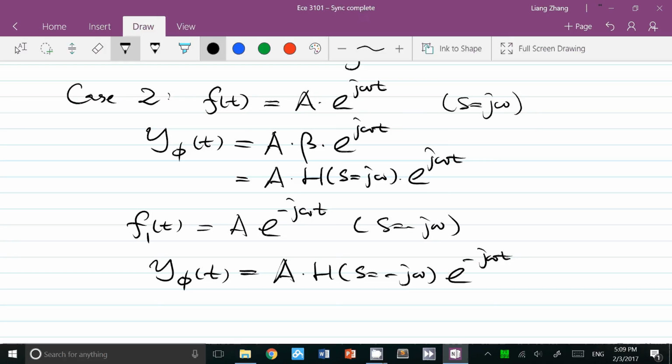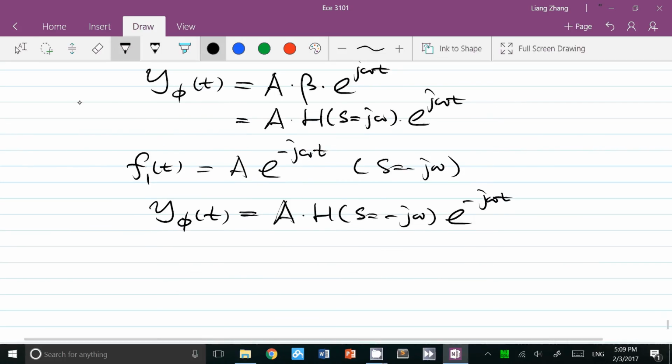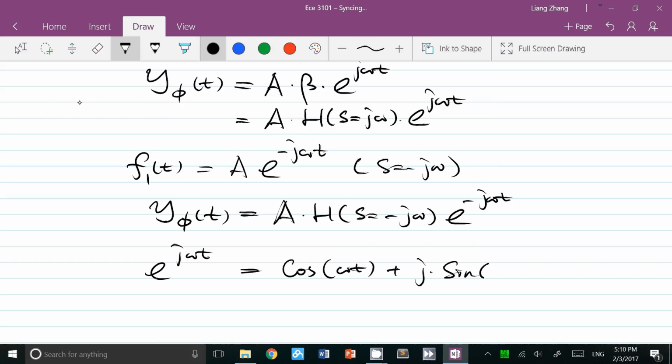Now, having a j omega may not look that comparable, right? We are all interested in something more straightforward. So let's use our Euler's formula, which means we can break down this term into two sinusoidal terms. One real, the other complex.